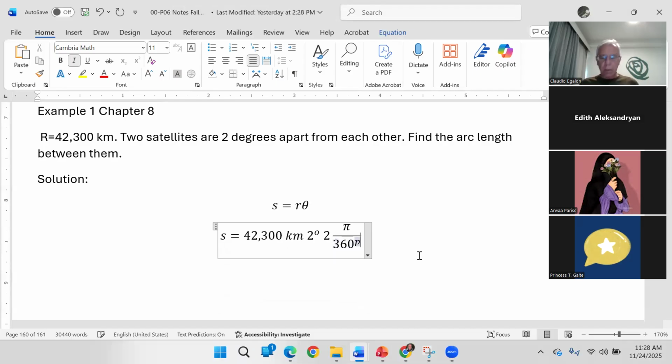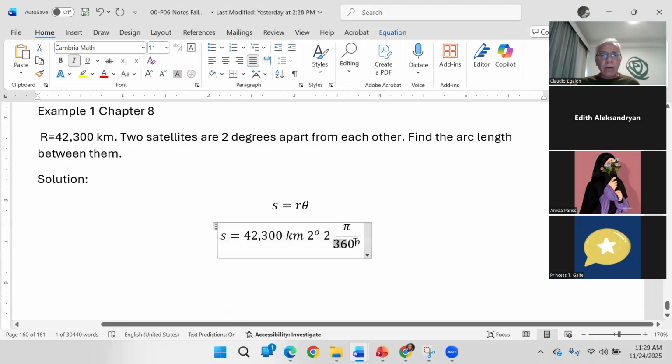Okay. This degree cancels out this degree here. This degree can be treated as a unit, okay? This degree cancels out this degree, and we end up having the arc length in kilometers.